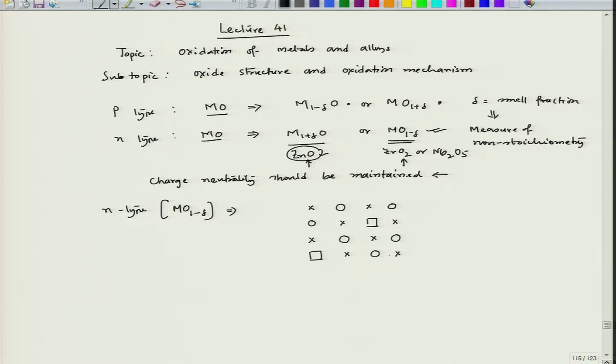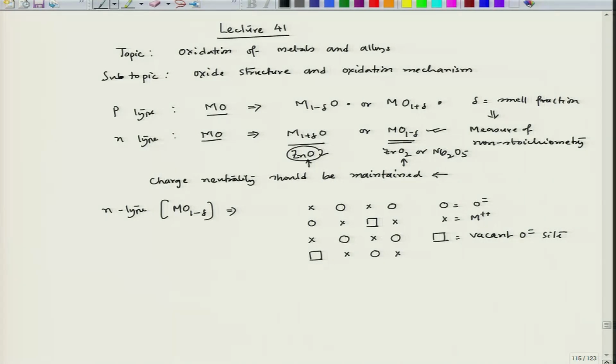oxygen anion. So, if the distribution is like this, now if I see a simplistic approach, this is oxygen anion, this is metal cation and this is the vacant oxygen anion site. So, here we have two vacant anion sites.